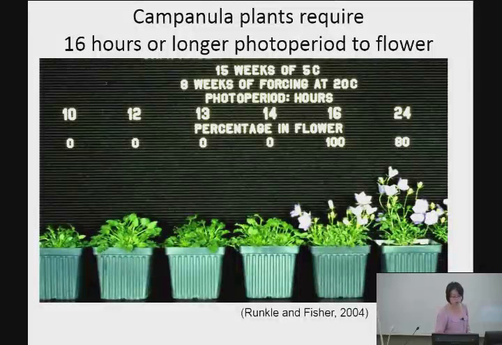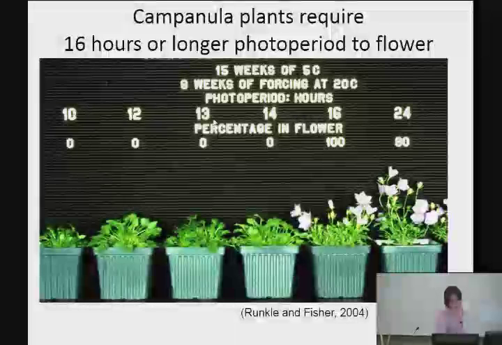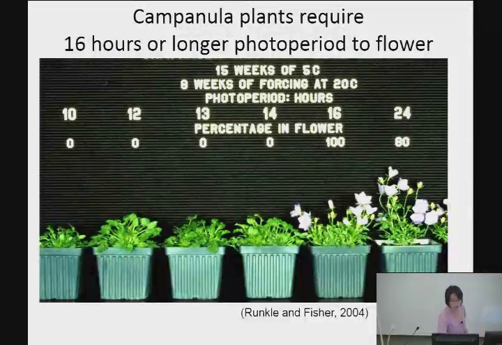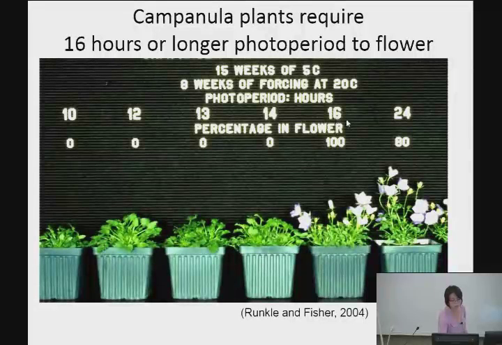This is showing multiple different photoperiods from left: 10 hours, 12 hours, 13 hours, 14 hours, 16 hours, and 24 hours continuous lighting, out of a 24-hour normal cycle. You see no flowers up to 14, and then you see flowers when a 16-hour or longer photoperiod is provided.